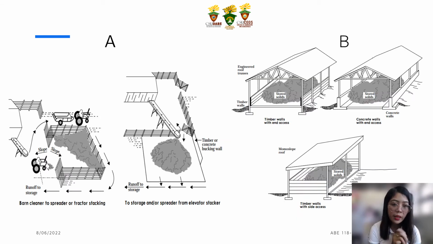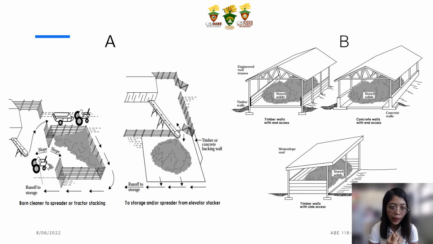So in some instances, manure must be stored in open stacks in fields. So runoff and seepage from these stacks must be managed to prevent movement into streams or other surface or other bodies of water. So this figure that I am showing shows variations of solid manure storage facilities.